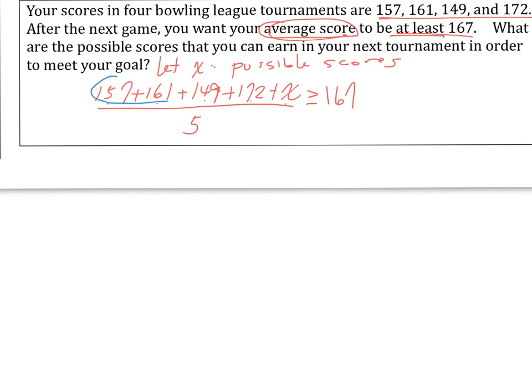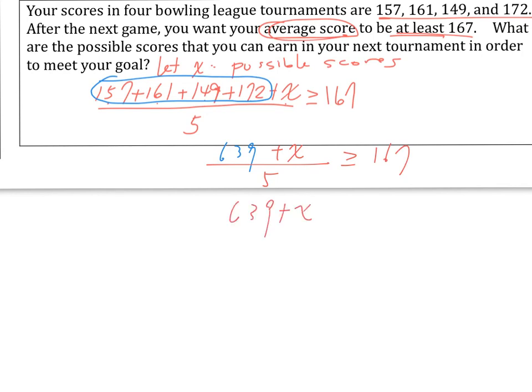The sum of these 4 scores is 639. And then I can take 639 plus x, set that greater than or equal to 167 times 5.